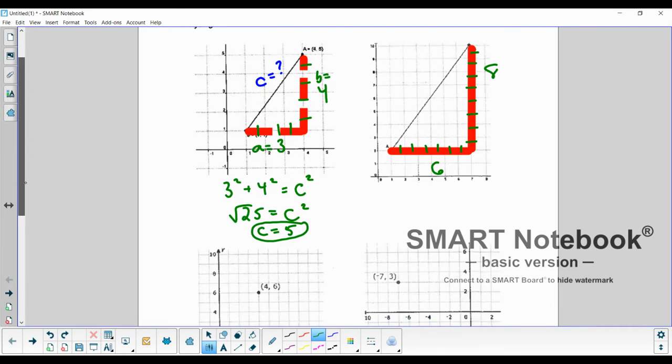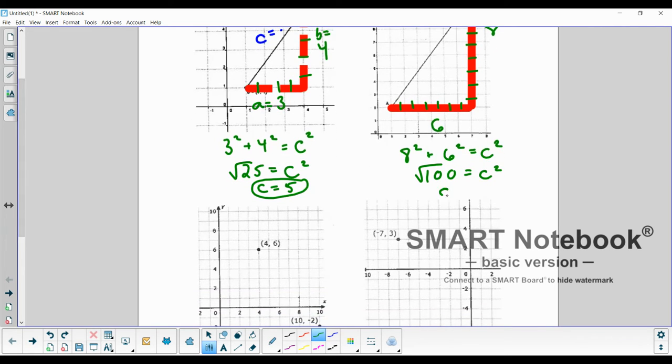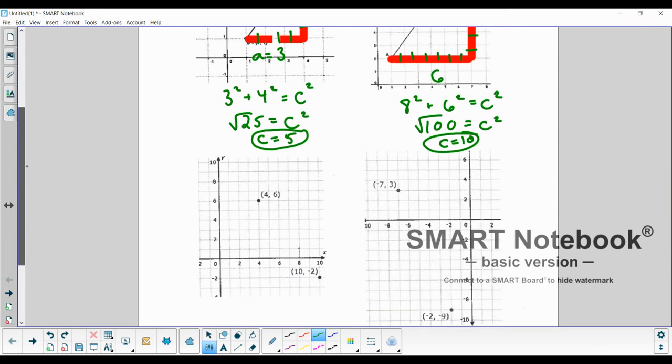And we will set up Pythagorean theorem again. These are both of our legs, so that makes them A and B. 8 squared plus 6 squared is 100. And then to find the distance, we take the square root. And so the distance is 10.